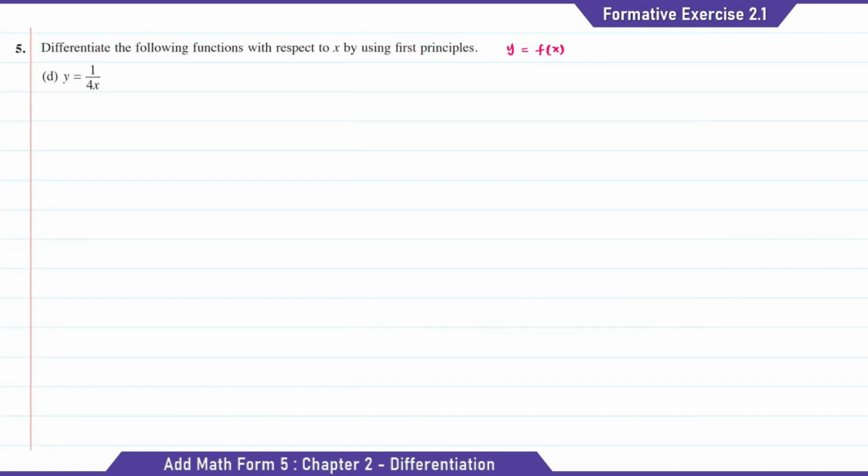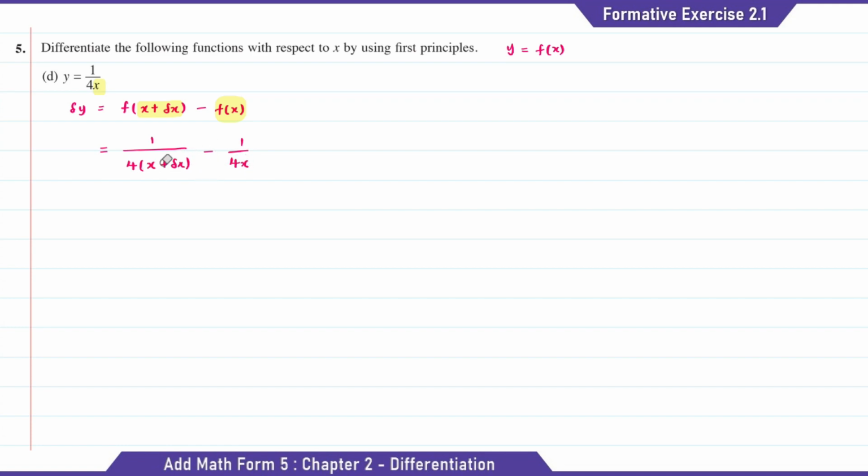Question D, y equals 1 over 4x. First, I'm going to substitute the x here with x plus delta x. This is equal to 1 over 4(x plus delta x). Then we're going to minus f of x, which is y, 1 over 4x.